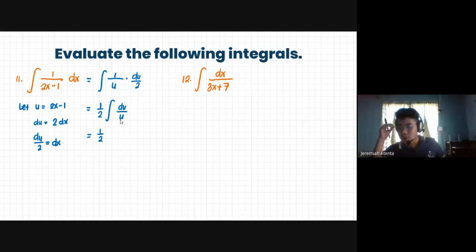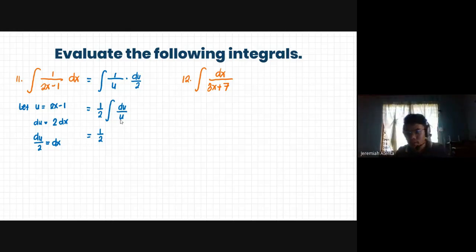Kasi medyo wala pang sumasagot. Hello? What is the integral of du over u? Ano yan? Wait. Is it du to the power of 1 over 1? Ano nga yung integral? Hala, u? Sinabi ko kanina.